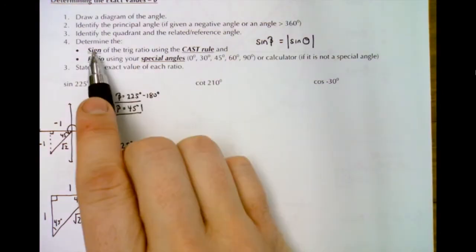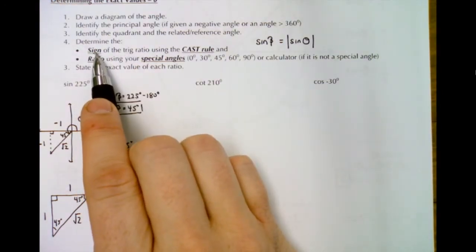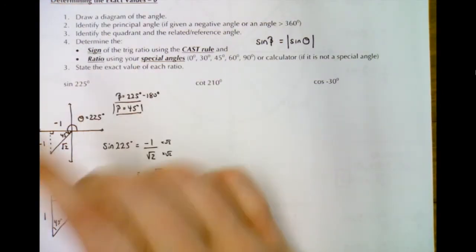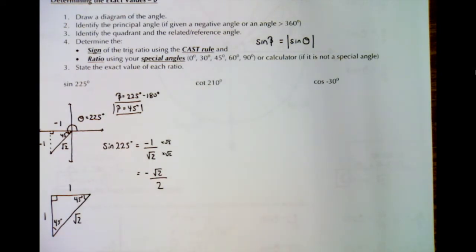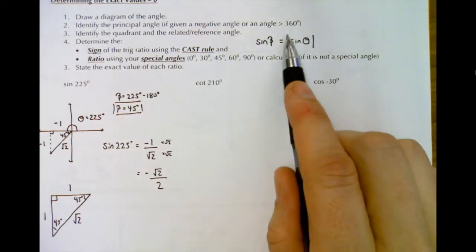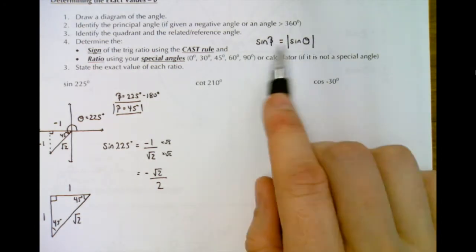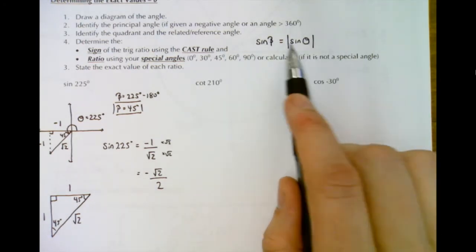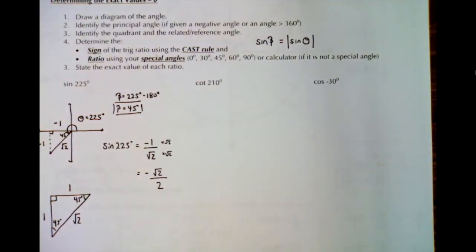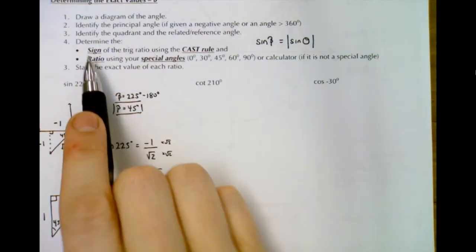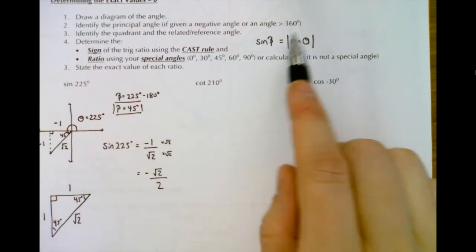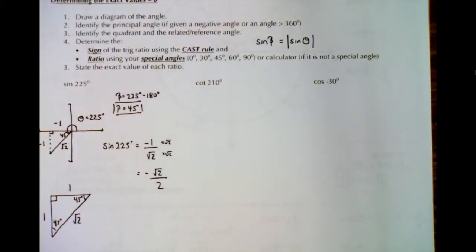The sign of that ratio may be different depending on what quadrant you draw it in. So that's why I put the absolute value bars. Okay? If you're in the first quadrant, you'll get the exact same answers. And according to CAST rule, if you're in the second quadrant, you'll get the exact same answers as well. But if you're in the third and fourth quadrant, the sign of our ratio would be negative.